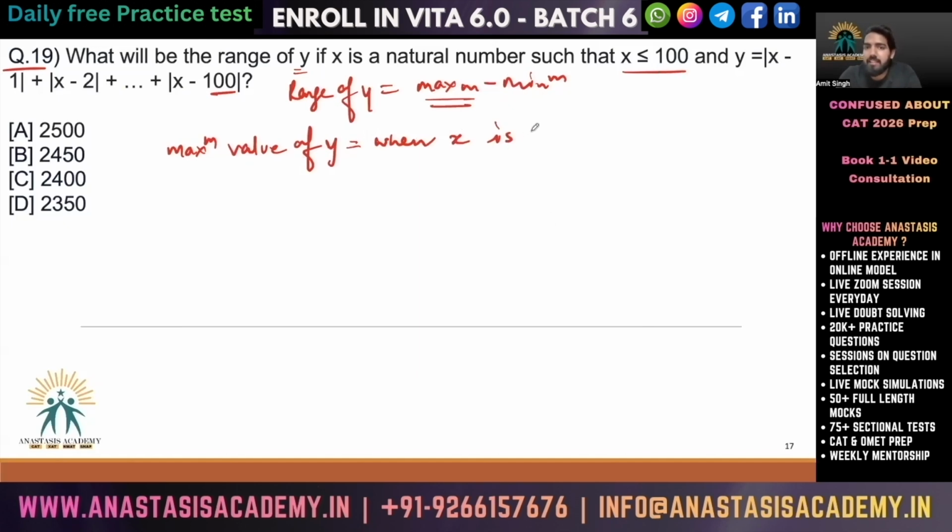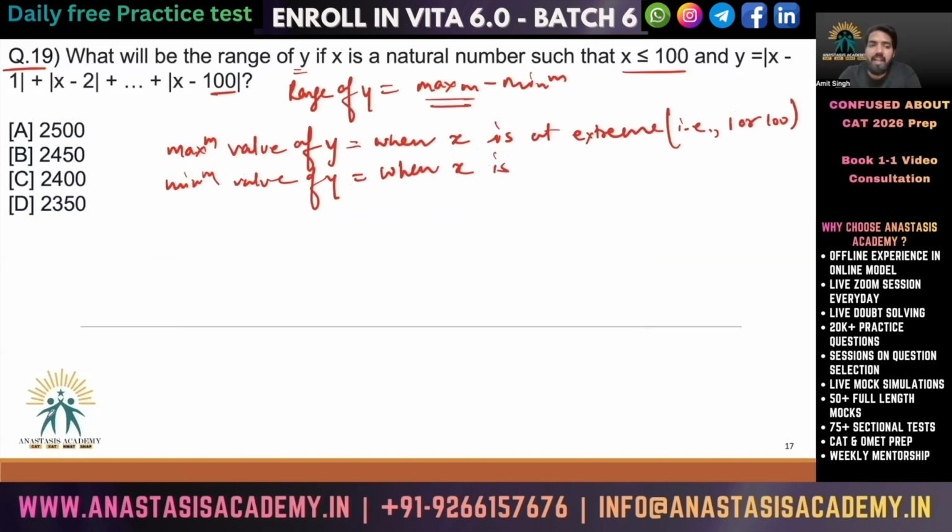When x is at an extreme, that is 1 or 100, right? Now, the minimum value of y occurs when x holds the median value, right?